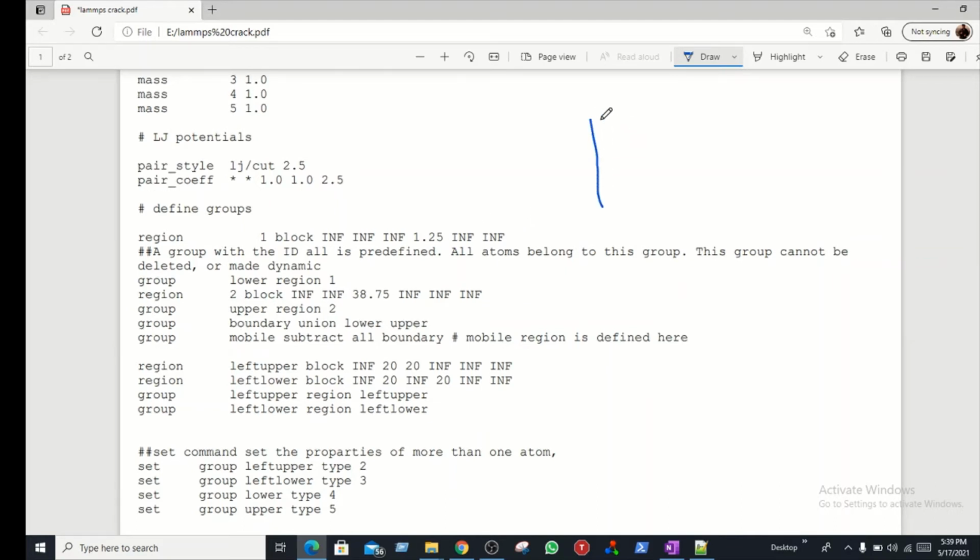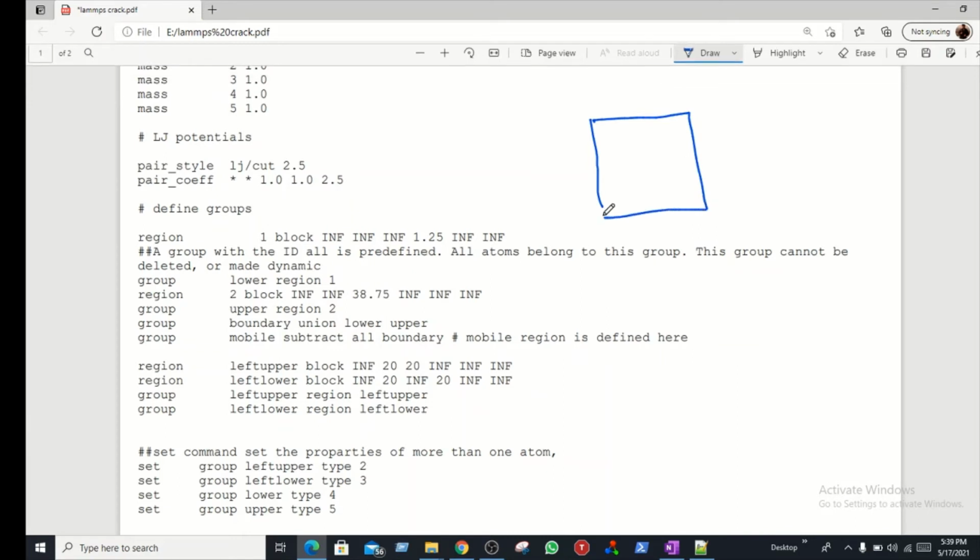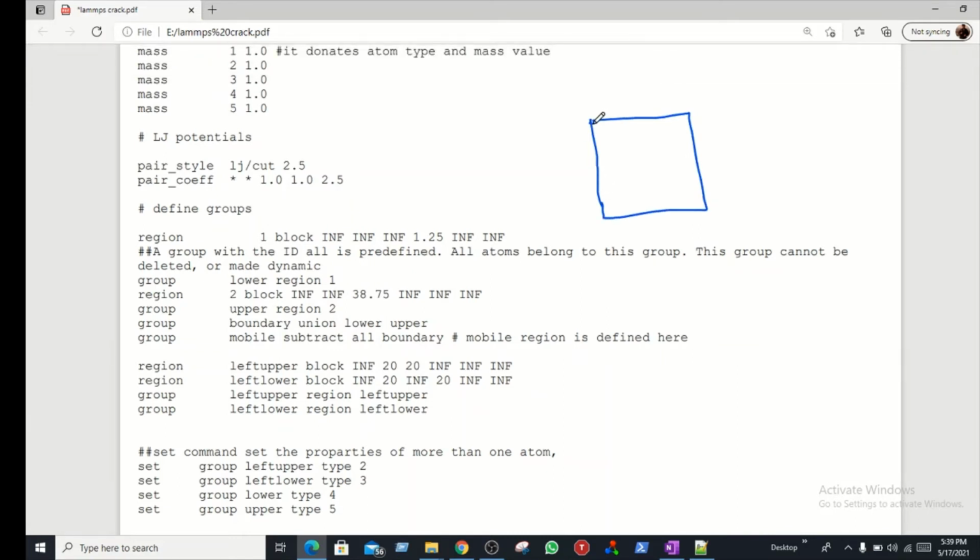That means if this is our simulation box which we have already declared earlier, then I am again declaring a region where this is our x-axis, this is our y-axis, and z-axis is the other side, and x-axis is from infinity to infinity, and y-axis is from infinity to 1.25. That means it is our region 1.